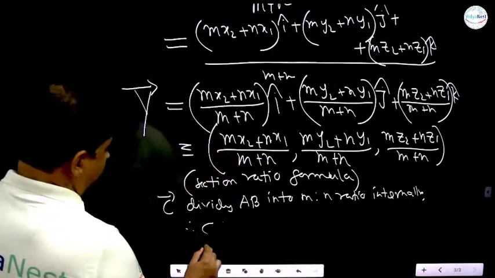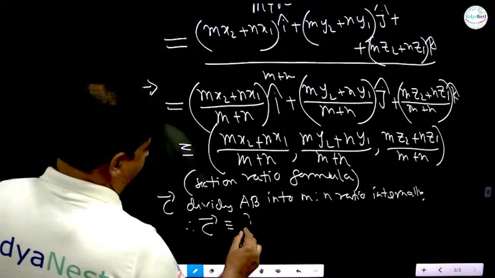Therefore, C will be what in terms of coordinates?